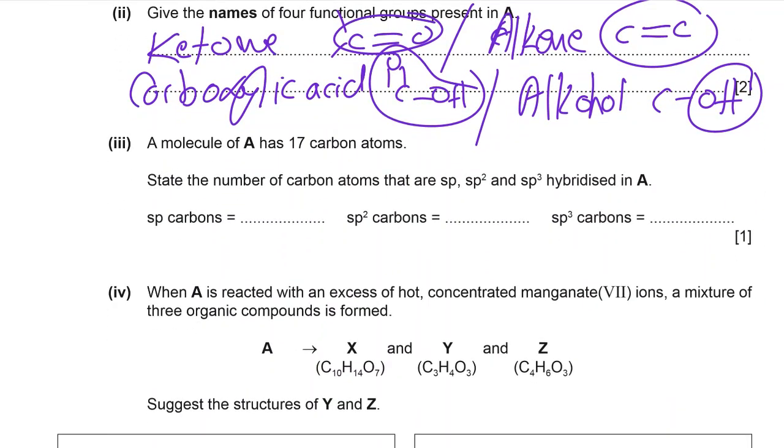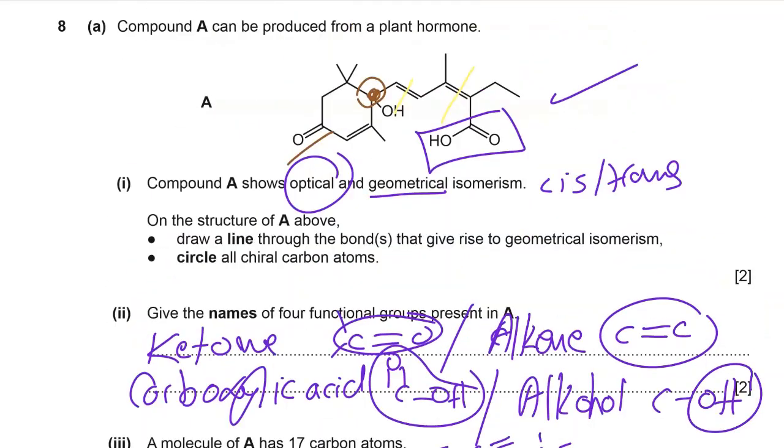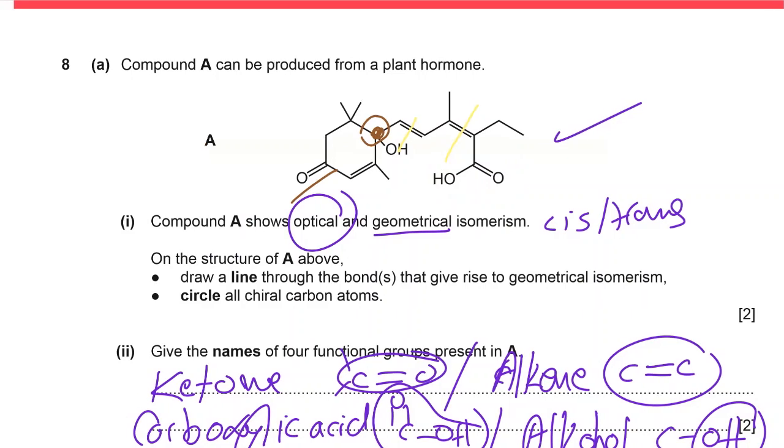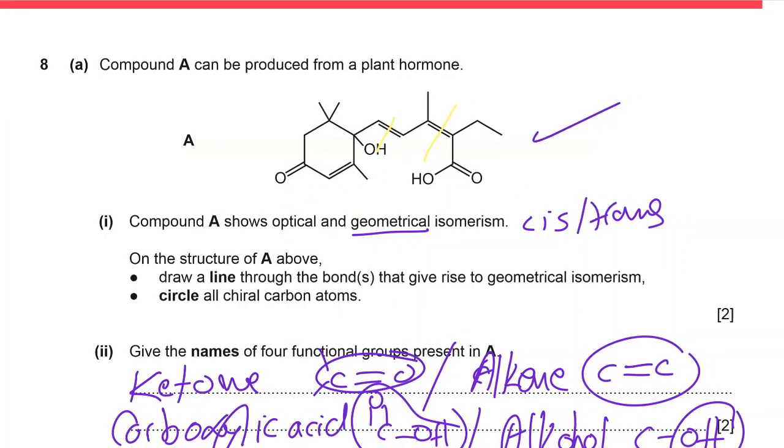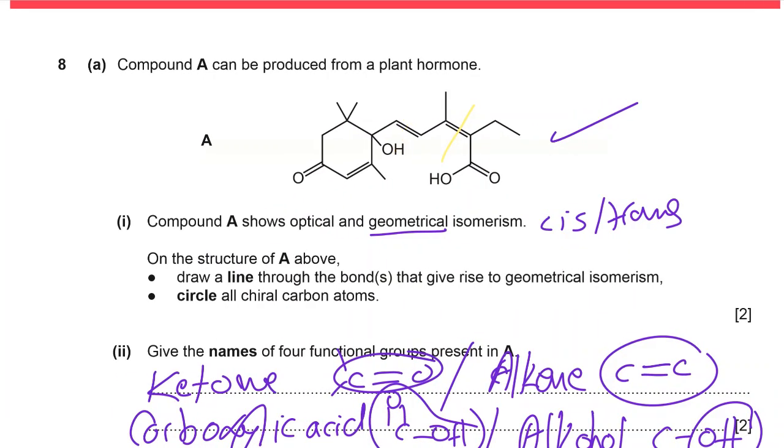A molecule of A has 17 carbon atoms. State the number of carbon atoms that are sp, sp2, sp3. Always sp means you have a triple bond. sp2, double bond. sp3, all of them are single bonds. So let's go to the structure and we will see. Let's clean this structure. Okay.